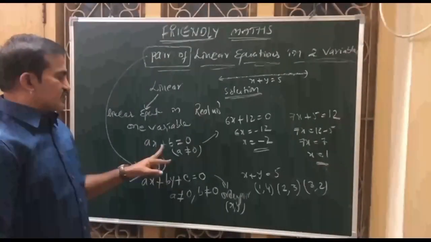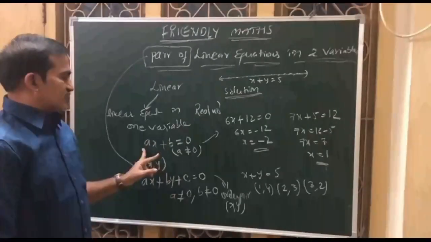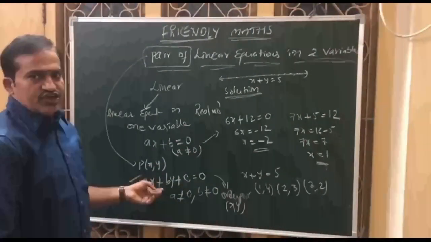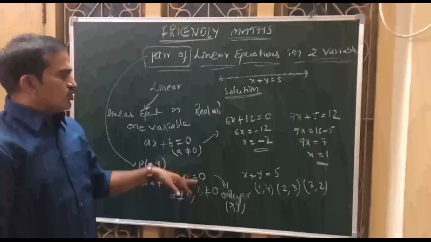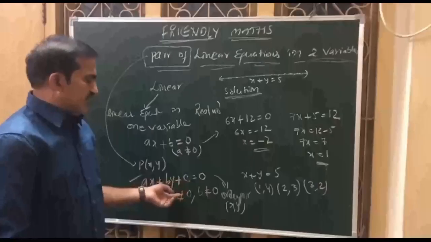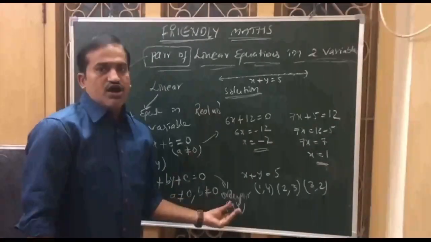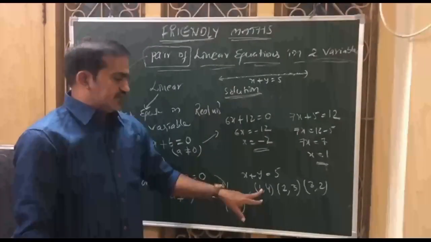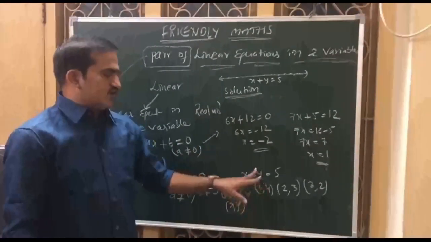Now you take ax plus b, the highest power is 1. That's why it is a linear equation in one variable. It is also a linear equation in two variables. The solution of a linear equation in one variable is a real number, and the solution of a linear equation in two variables is an ordered pair, like points which lie on the line. Here the x value is 1, the y value is 4.